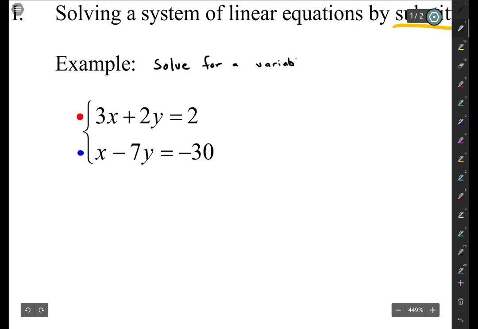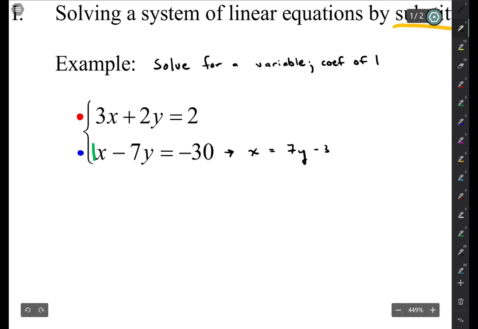And usually the easiest one to do is one that has a coefficient of 1. So looking at these equations, I can see that this x has a coefficient of 1, and that's just going to make it easy to solve for. So simply put, I can rewrite the blue equation as x = 7y - 30 by adding 7y to the other side.